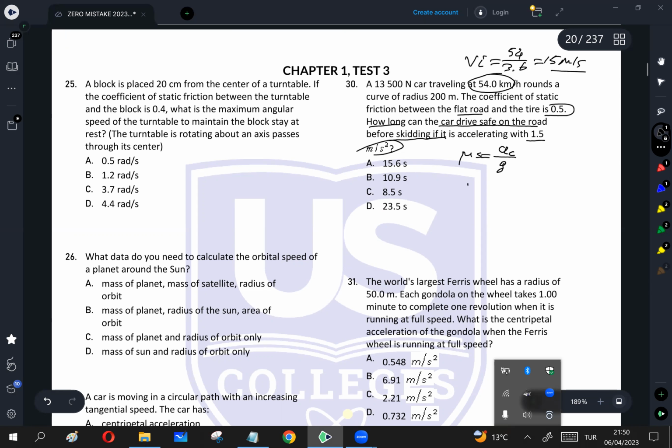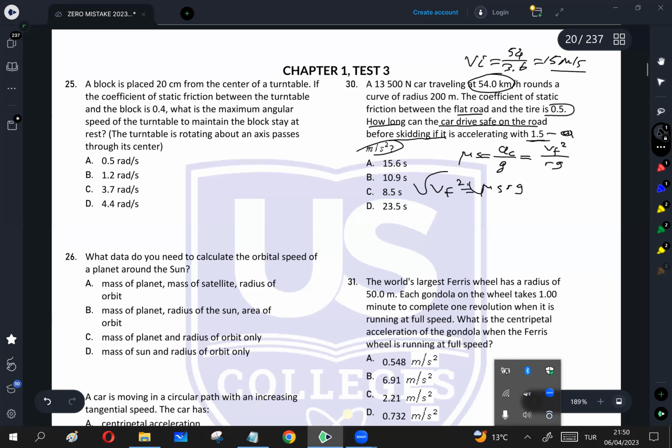Then it accelerates at 1.5 meters per second squared and gets a final linear speed, which I am going to calculate. V final squared over R is ac, which is mu s times g, so V final squared is mu s R g.